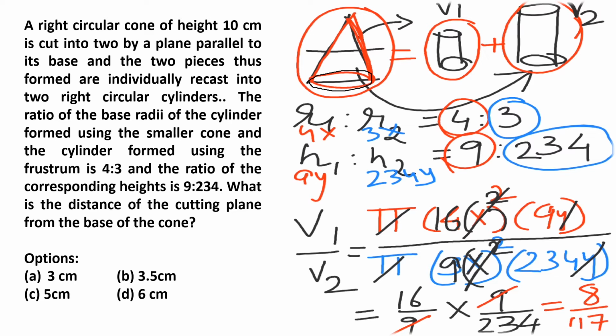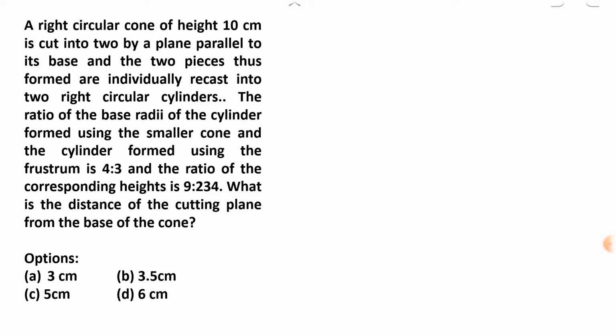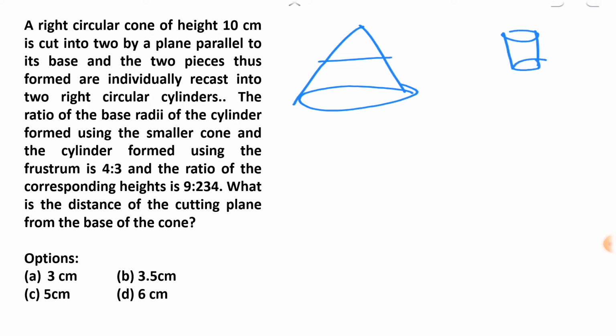And this is the ratio of the volume of the smaller cylinder to the bigger cylinder. Here we have found out one interesting thing. We have found out the volume of the smaller cylinder to the volume of the bigger cylinder.